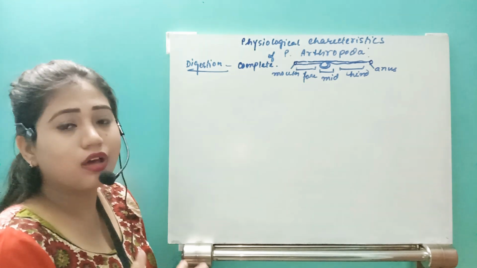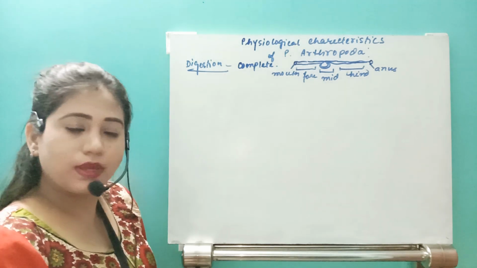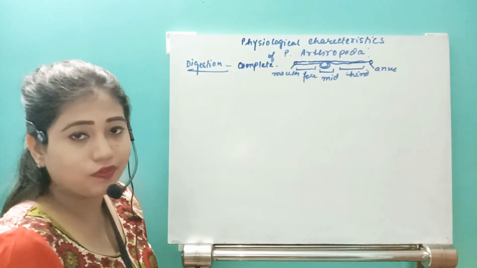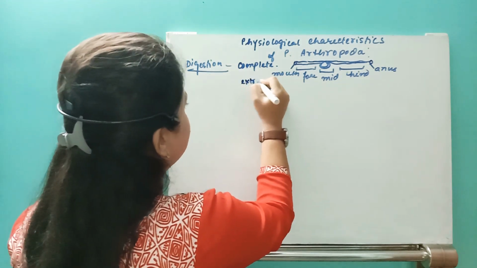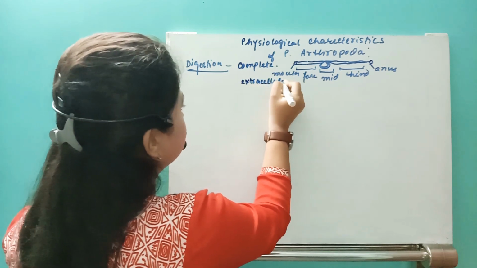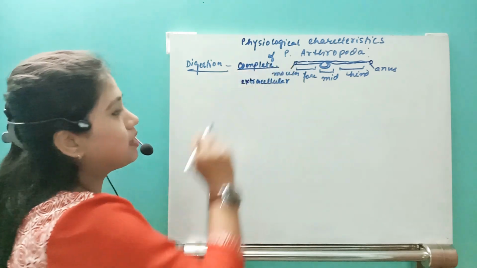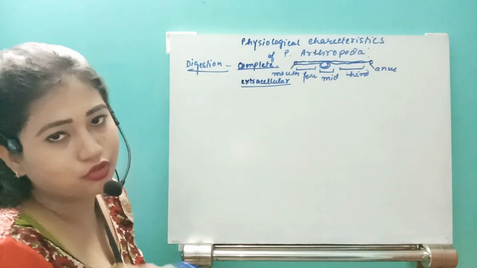Right from the platyhelminths, it continues to the last phylum, even in case of chordates, in case of us, we are going to have extracellular type of digestion. Remember that this is important. So we are going to have a complete digestive tract and extracellular digestion in the phylum Arthropoda.